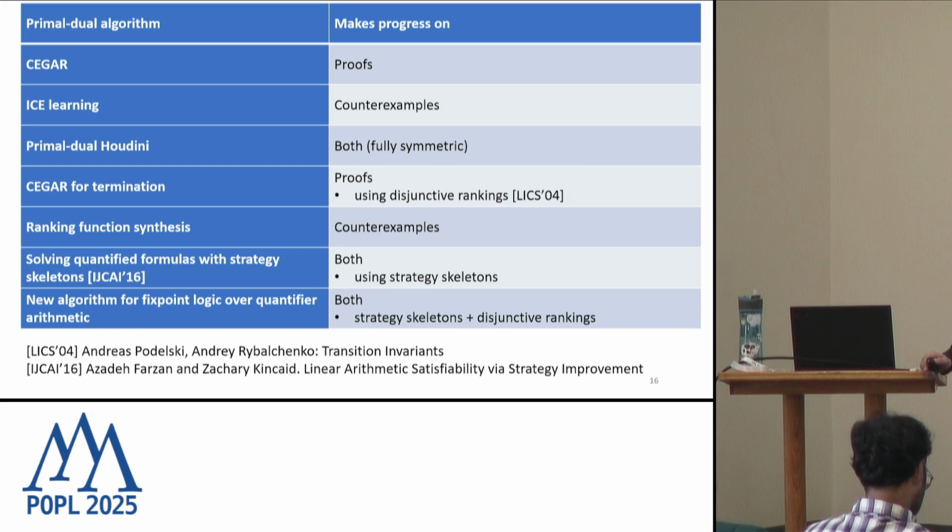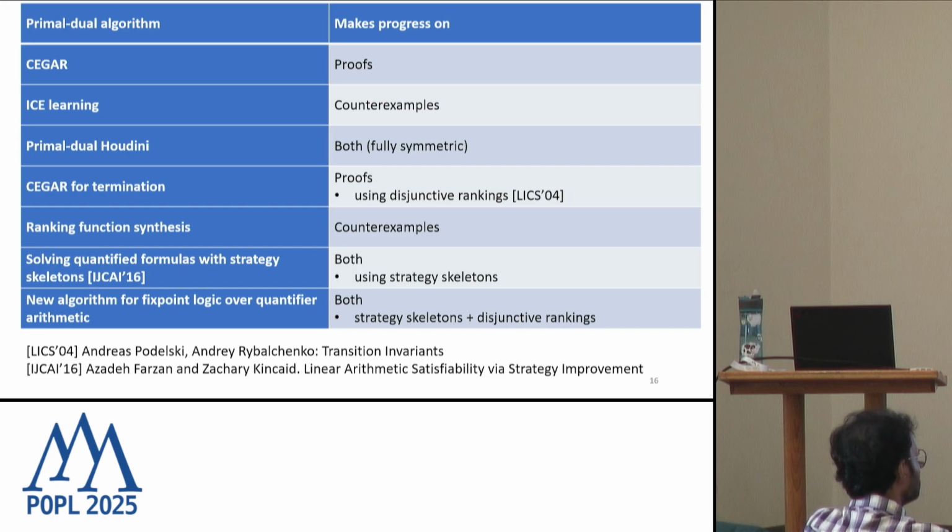And also the properties that we derive from the Lagrangian framework, like progress, their proofs are pretty non-trivial for Primal-Dual Houdini. But when you formalize it in the Lagrangian framework, what that translates into is that proving that the Lagrangian is well-defined somehow becomes non-trivial and has to capture the essence of that proof. So there's something interesting going on there, and I encourage you to see the paper for more details.